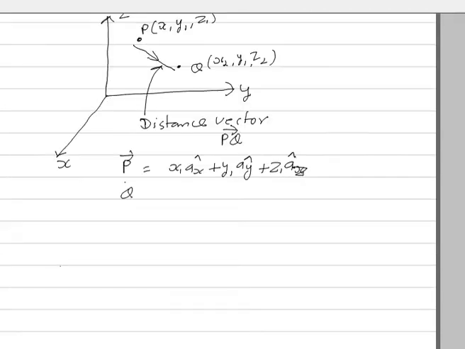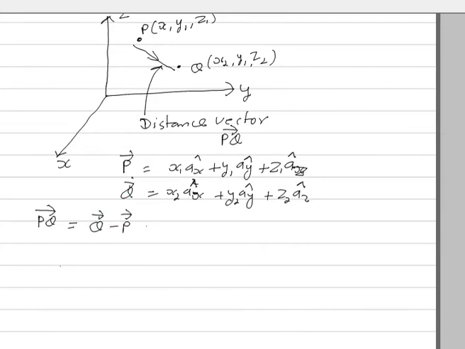Similarly, vector Q is x2 unit vector ax plus y2 unit vector ay plus z2 unit vector az. Then the distance or displacement from P to Q is represented by a distance vector, and we can write the vector PQ equal to vector Q minus vector P.